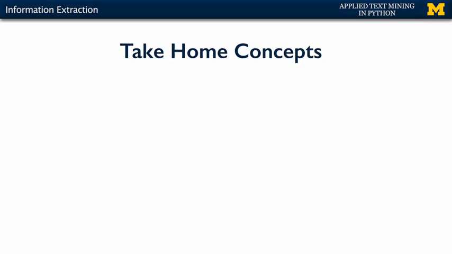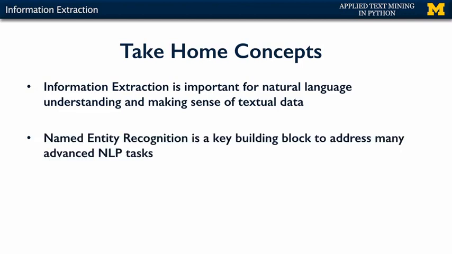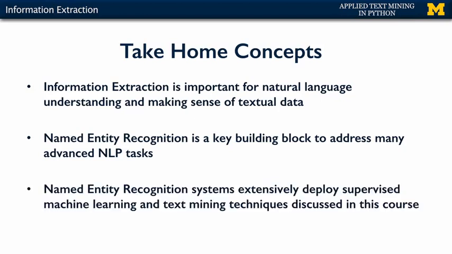So to conclude, we see that information extraction is an important task for natural language understanding and making sense of textual data. It is the first step in converting unstructured text into a more structured form. Named entity recognition becomes a key building block in addressing these advanced NLP tasks.